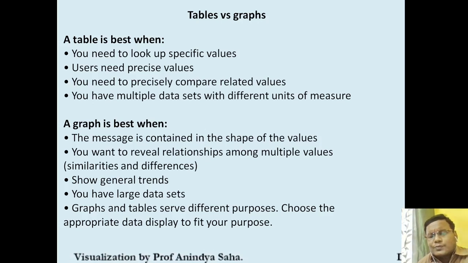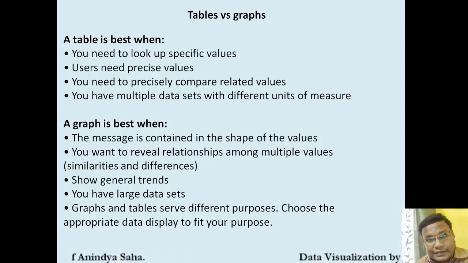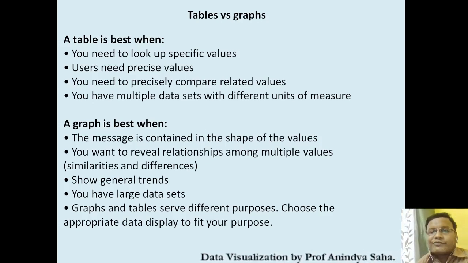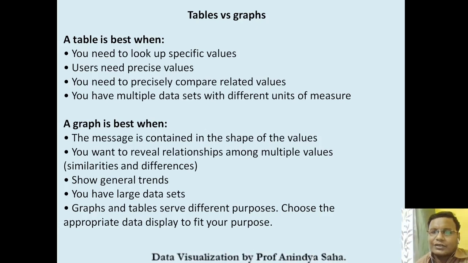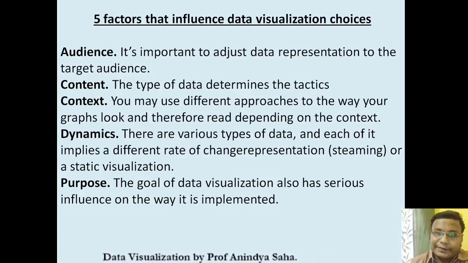When we have a smaller data set, we can go for a table. But when we have a larger amount of data, and we want to generate the trends from the data set, then a table alone cannot give you that knowledge. So we require a graph for that.